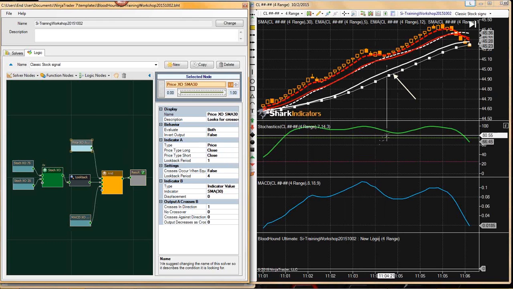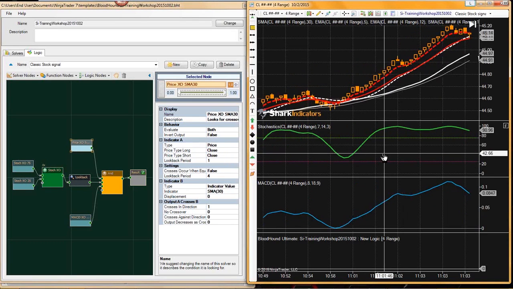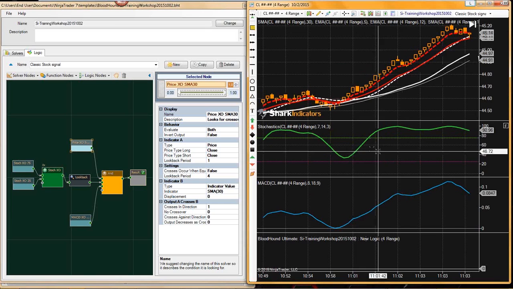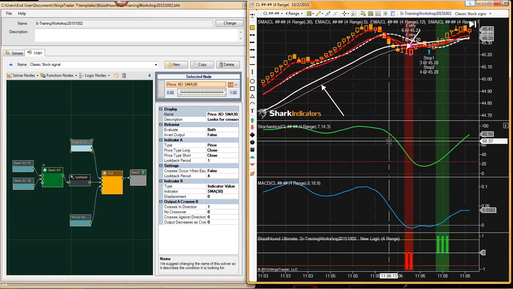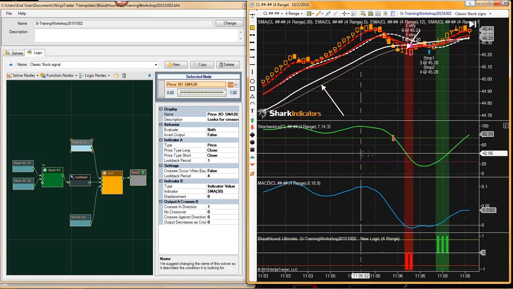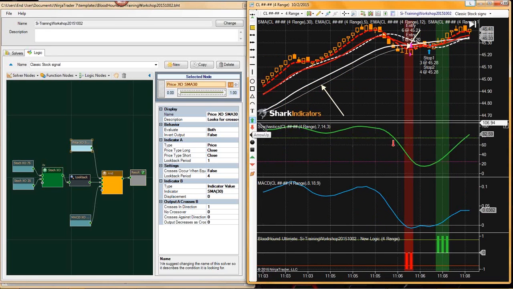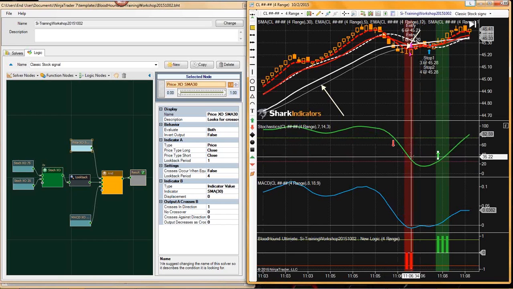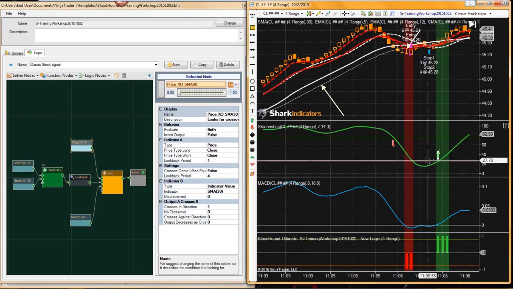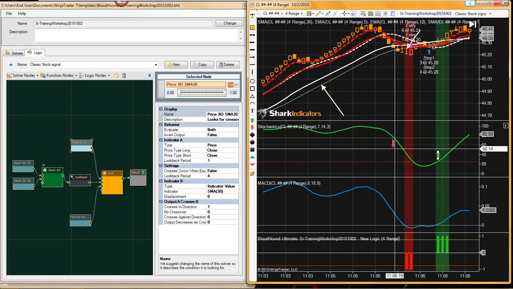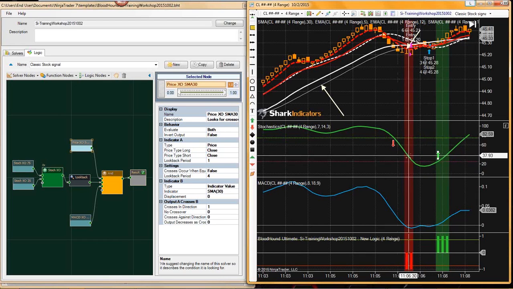But when we were looking at the stochastics, remember the stochastics had what looks like one condition: crossing below 75 or crossing above 25. That sounds like one condition, but really it had to be broken down into two conditions.